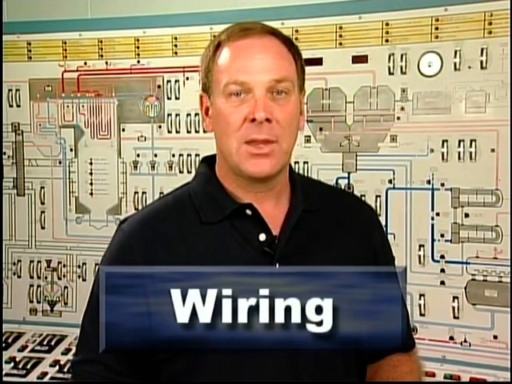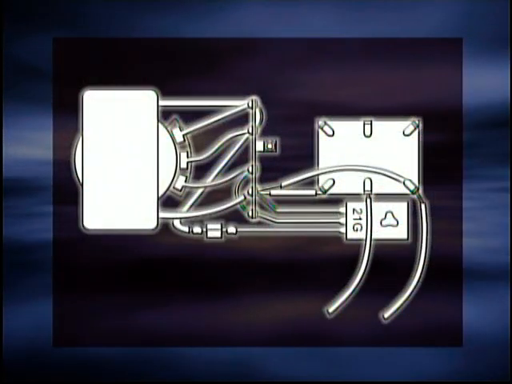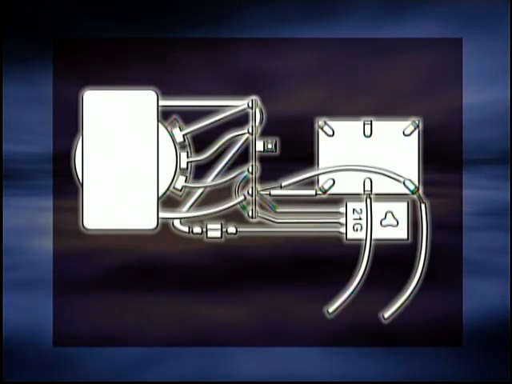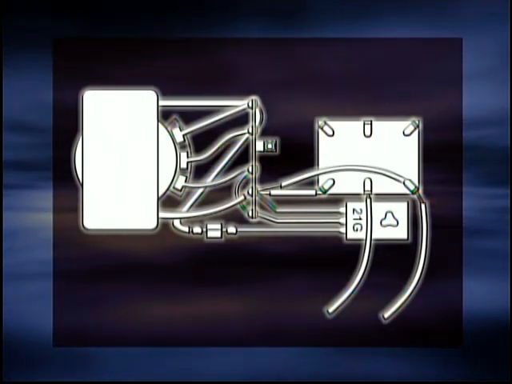There are three types of diagrams used to show the interconnection of components in electrical and electronic equipment. They are pictorial, wiring, and schematic. A pictorial diagram is used to show the physical details of the components and the wiring connections as you would actually see it.